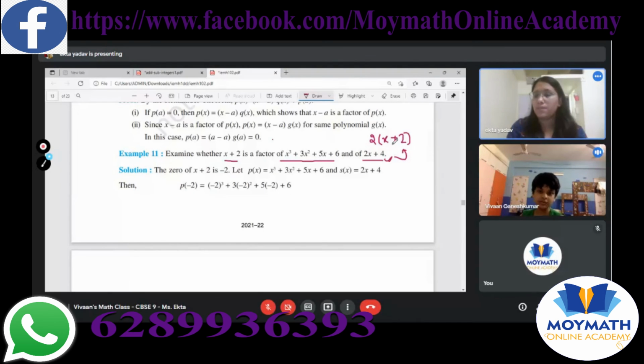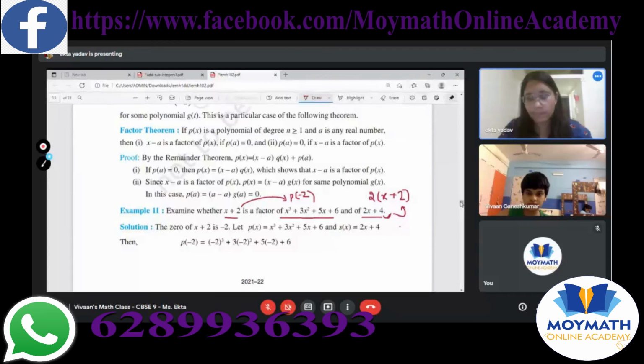In such examples you can apply such tricks to check whether it is a factor. Otherwise, you have the big trick: equate x plus 2 to 0, here x will be minus 2, put the value of x as minus 2 and check if 0 is coming.